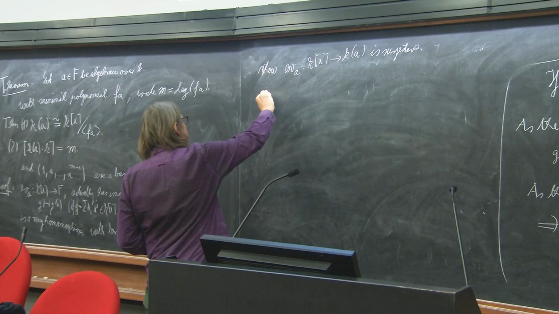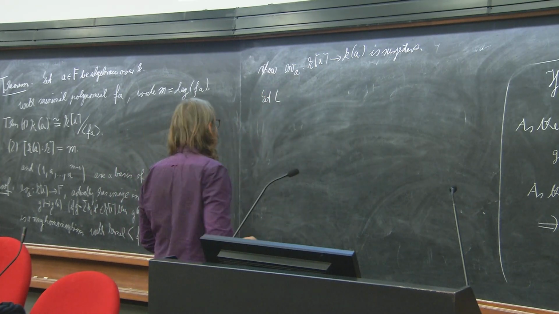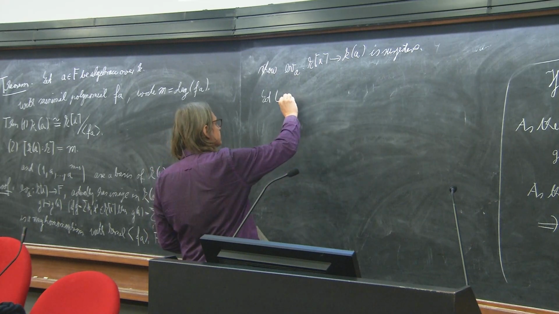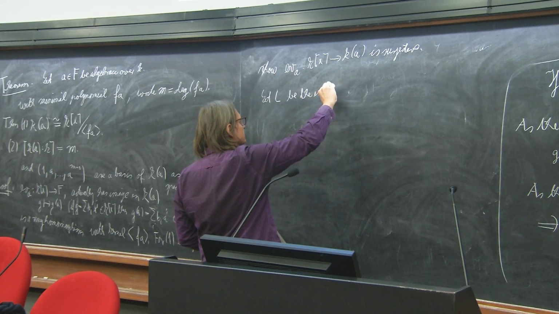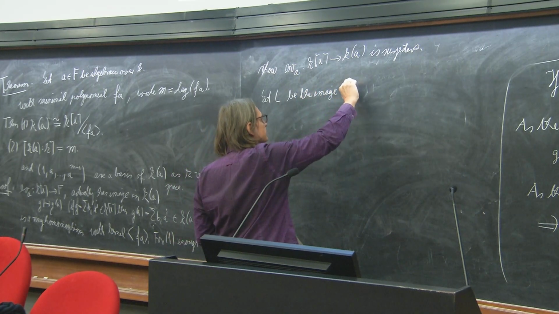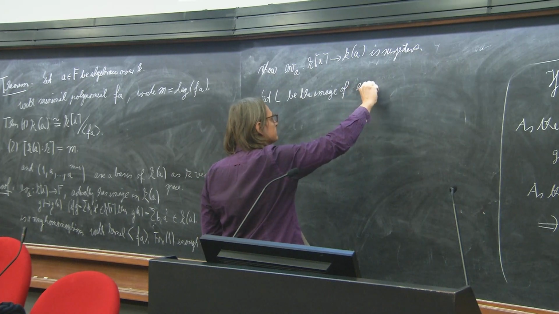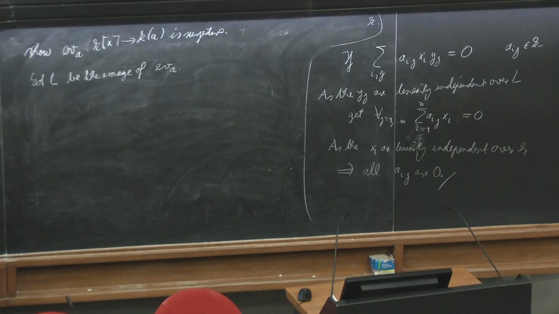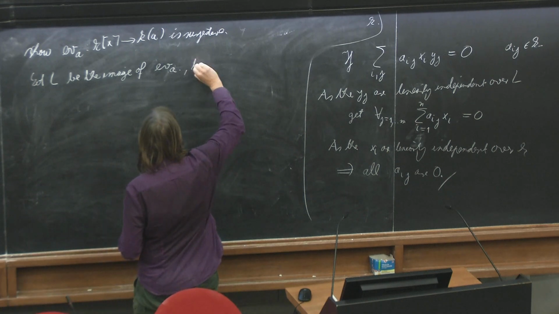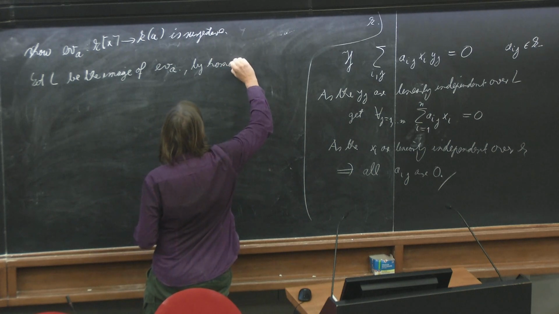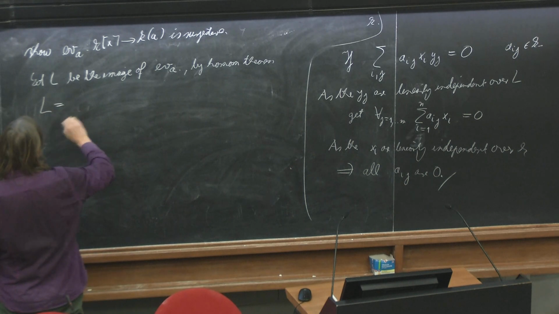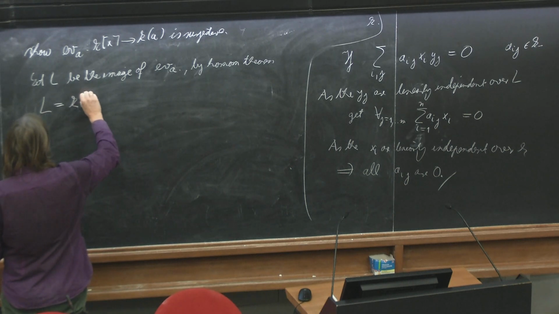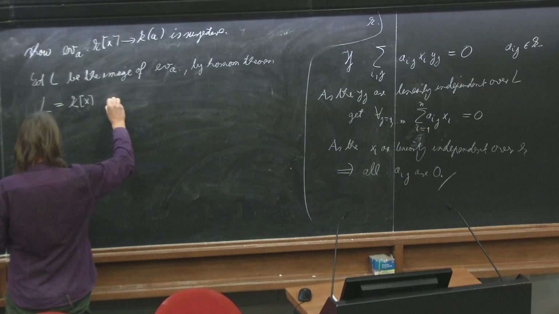So let L be the image. We will want to show that it's the whole of Ka. And we know by the homomorphism theorem that L is isomorphic to Kx divided by fa.